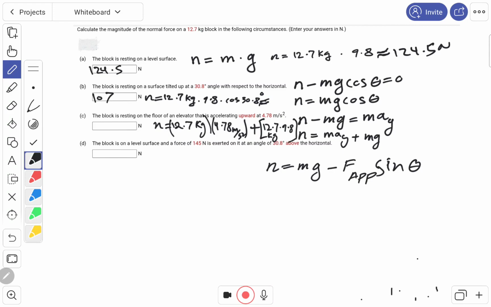So if I put these numbers in the calculator, 12.7 times 9.8 plus 12.7 times 4.78 is approximately 185.2 Newton.